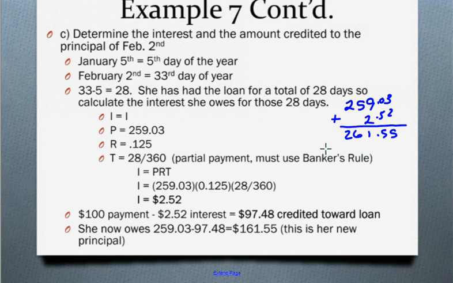And Kathy would say, awesome, I don't have that much. So we're going to pay $100. And the bank says, cool. You still owe us $161.55. And she'd be like, okay, neato. I'll be back when my loan is due so that I can pay that off.